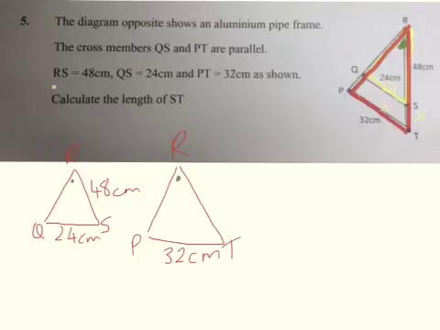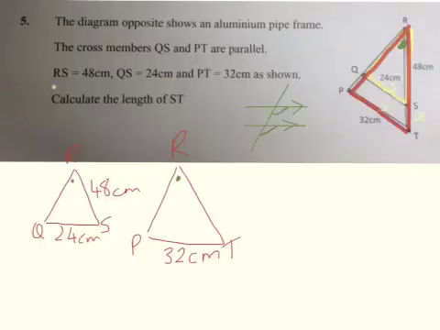Let's look. We have got parallel lines here and here. If we recall our angle properties, if we've got a straight line intersected by two parallel lines, it can create an F shape. And in an F shape, these angles are equal.